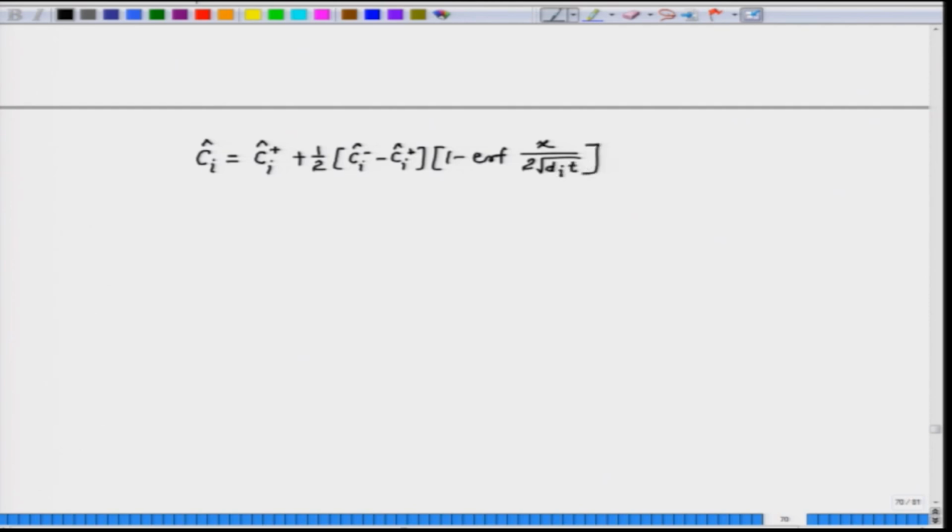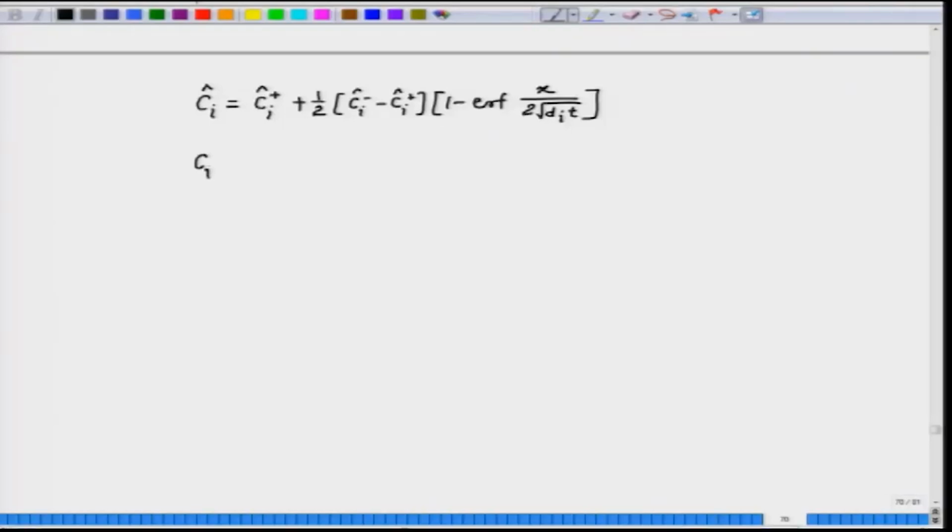Remember, we are using the eigenvalue of D tilde instead of the single diffusivity term. For binary, there was a single diffusivity term here. So, we obtained the solution for concentrations of I in the cap basis.